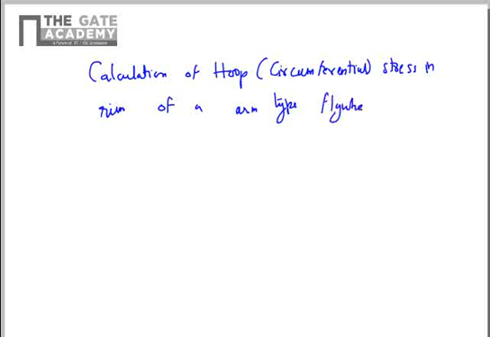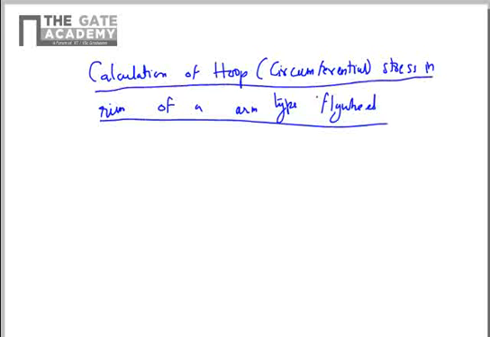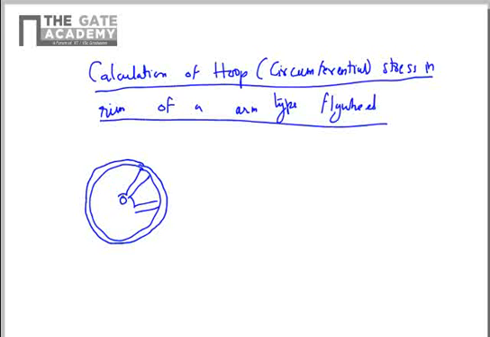An arm type flywheel is formed by various arms connected to a rim, and the whole mass of the flywheel is supposed to be concentrated at the rim. So you have a rim here with all the mass concentrated on it, and then various arms from the center connected to the rim, and the mass of the arms is negligible.